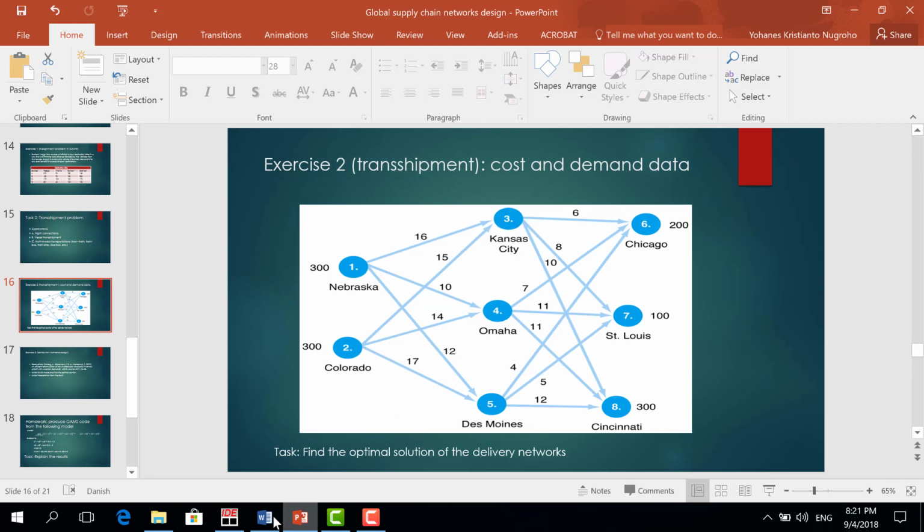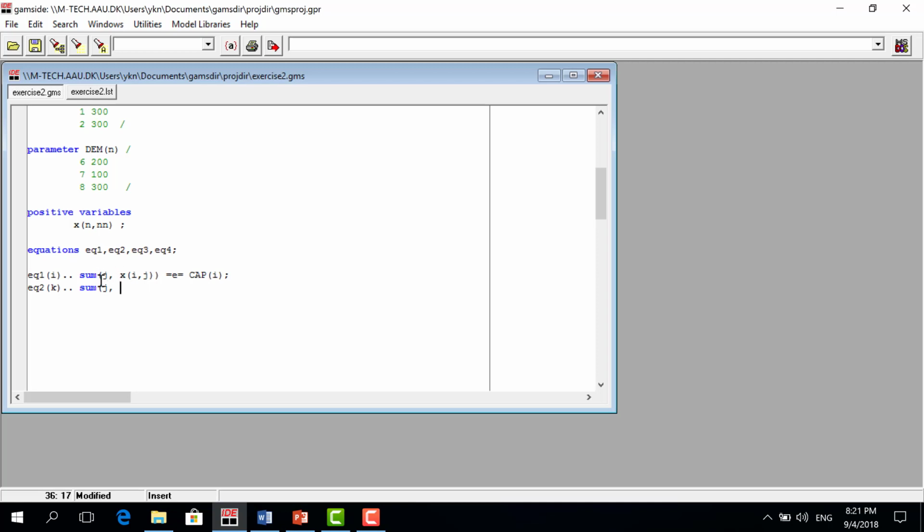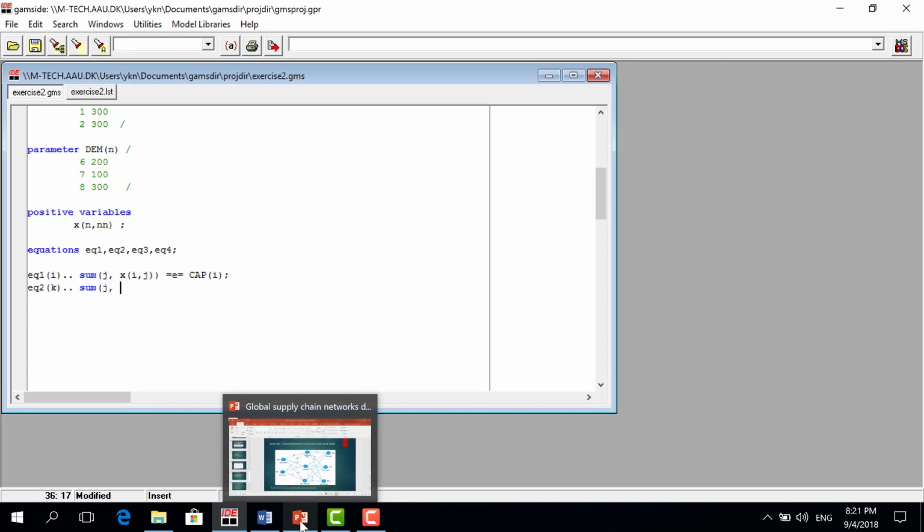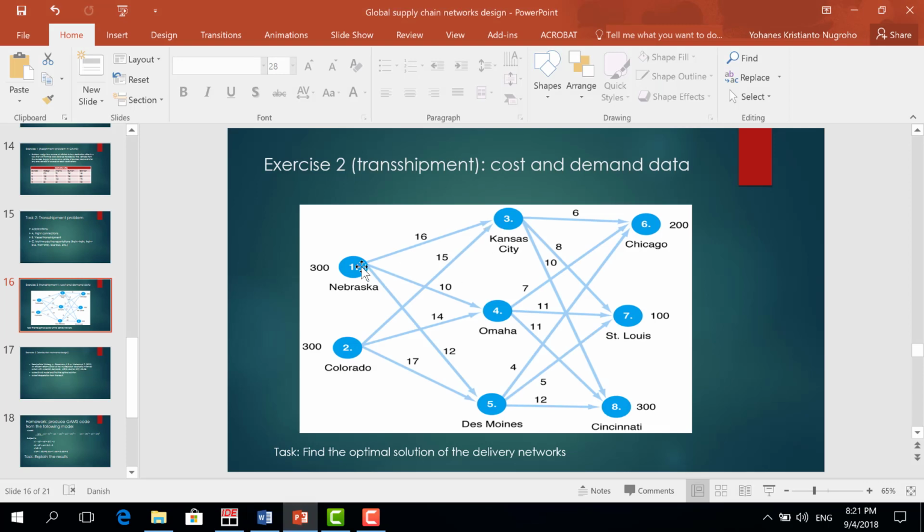J is already defined in this summation, because we need to sum up the number of deliveries from a single I to several j.